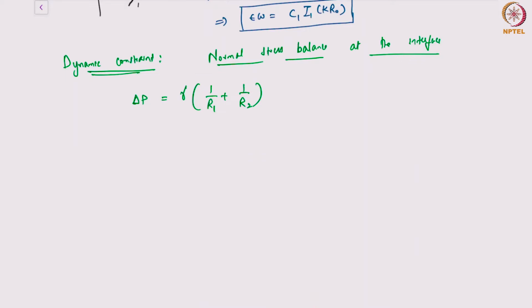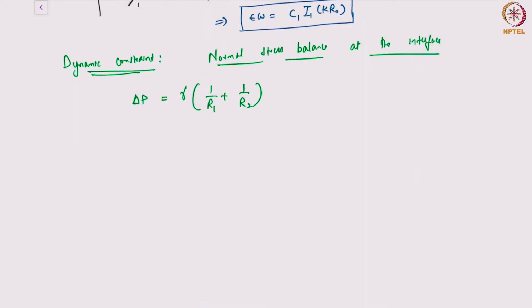Where is this coming from? This is just coming from the normal stress balance that we had derived on the inside and outside. But the only difference is that n dot capital T dot n, the stress tensor, will just simply reduce to pressure because we have no viscosity both inside and outside.